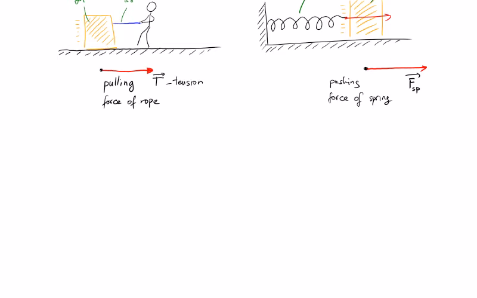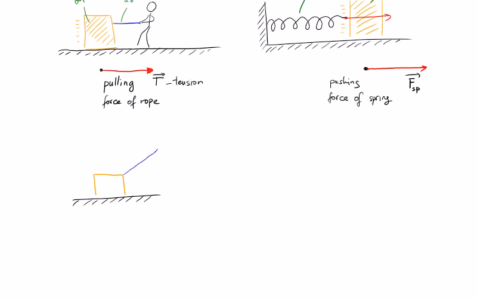In different texts, different people have a different preference for drawing these simplified particle diagrams. For example, if you want to draw a tension force on an object, let's say you have a box and you're trying to pull this box with a rope.